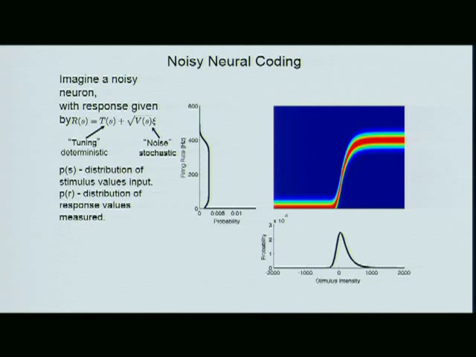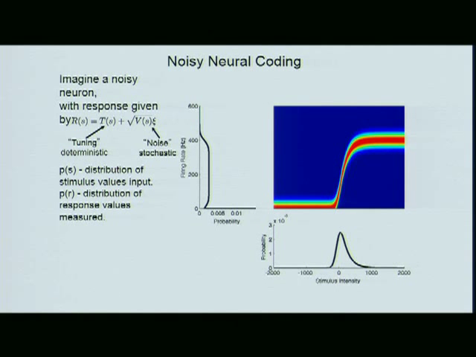But then there's a stochastic noise term. The noise could vary as a function of stimulus, but let's just assume the noise is constant and has a Gaussian distribution.